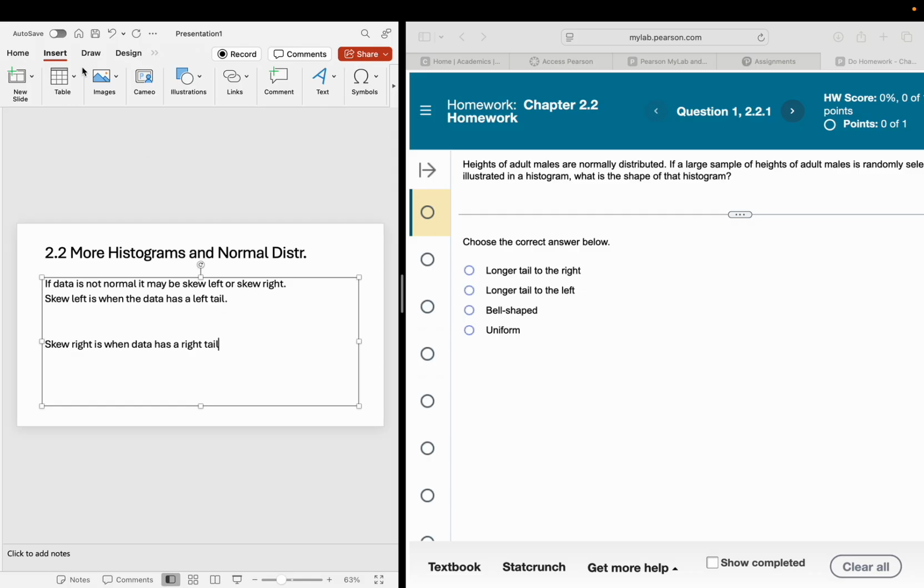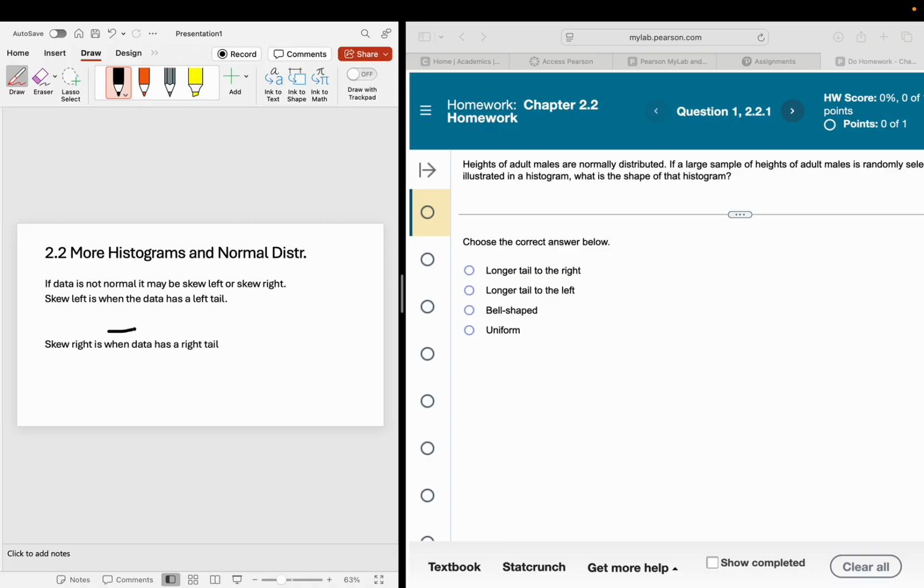Now, what do we mean by that? If I could draw a little quick picture here. This would be skew left. So you can see the majority of my data here falls to the right. And let me just erase that one part. Whoops. So again, it's as though my whole entire data distribution looked like this right here. Maybe I don't have to draw that line in there, but it just kind of stops.